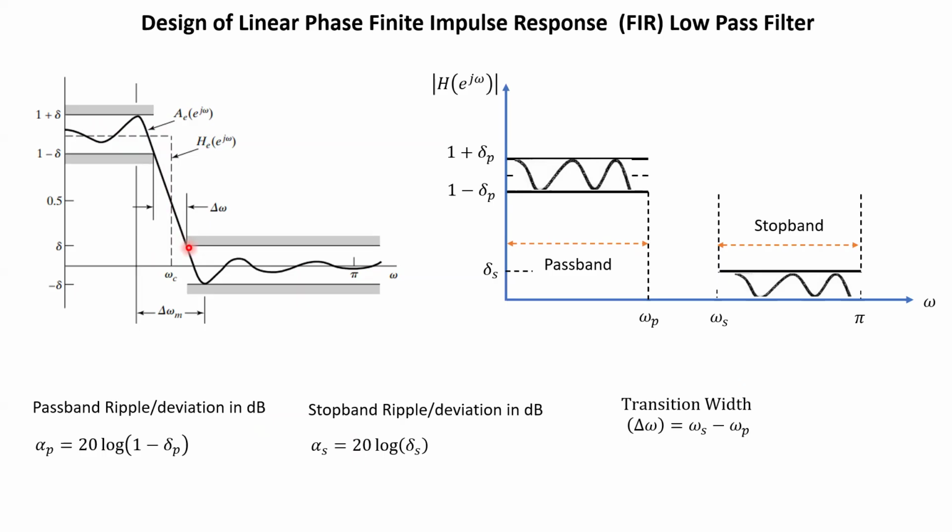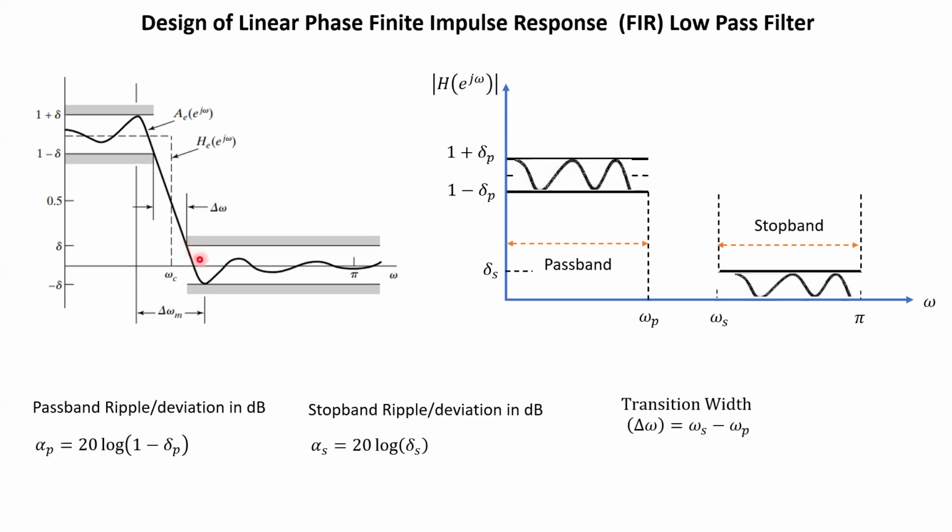Okay, so whatever your FIR filter specification is, we have to follow that specification, right? So its gain has to be reduced by a certain factor. Otherwise, your FIR filter specification will not be met.